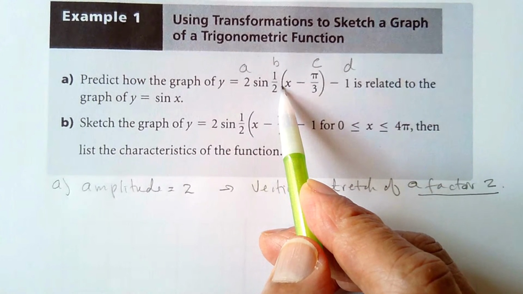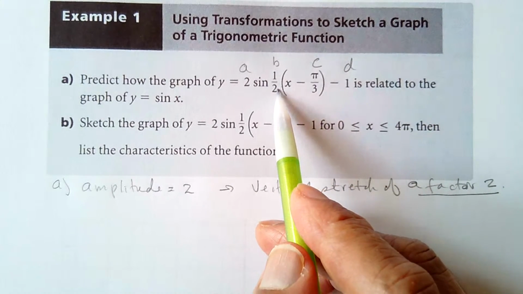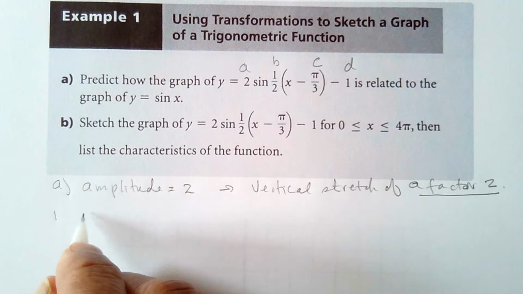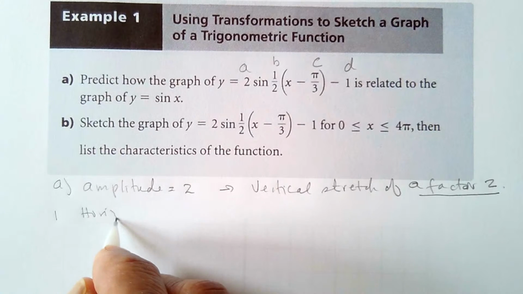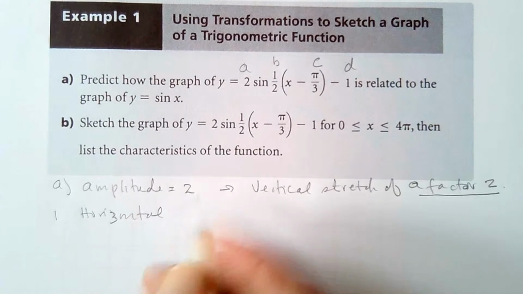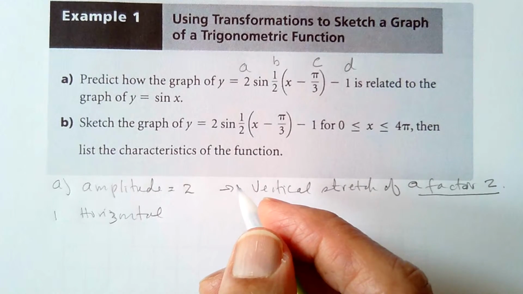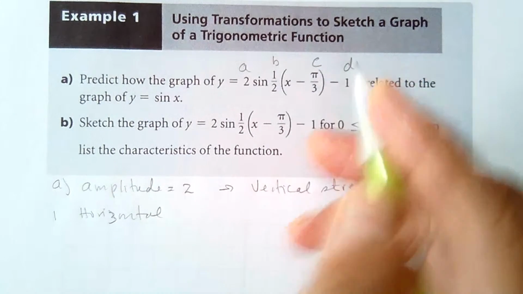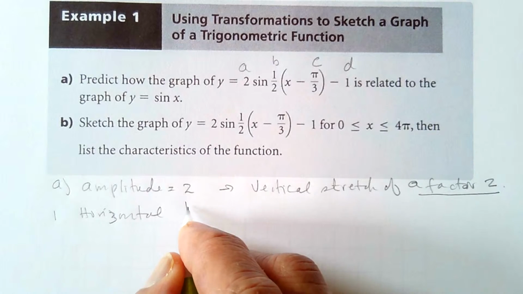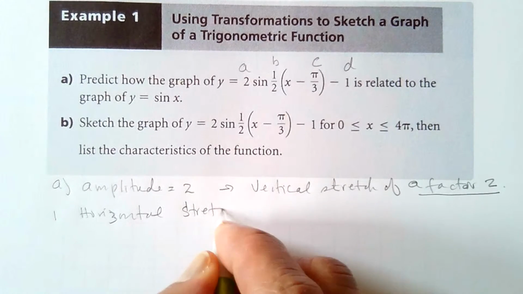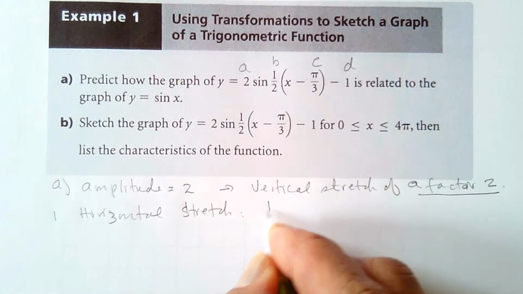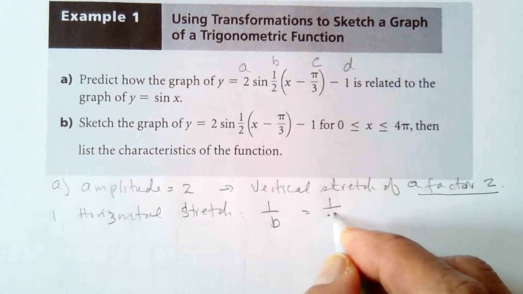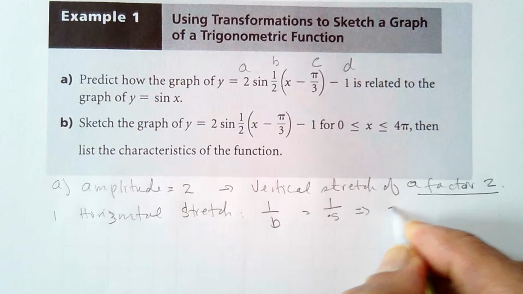Next, we look at the horizontal stretch. In this case, we'll have a horizontal stretch, right? Because the factor to remember is 1 over b, which is 1 over 0.5, which is equal to 2.